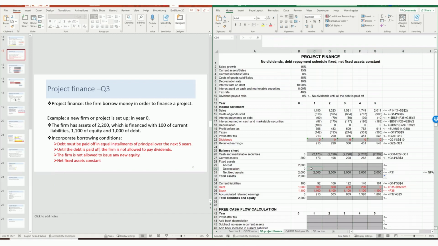And then depreciation is just the accumulated depreciation. So the depreciation from previous years plus the depreciation this year, drag it all the way over. And here, the fixed asset at cost will be the sum of these two.